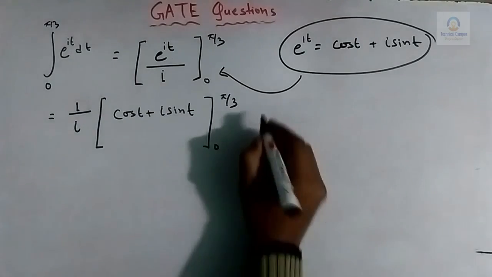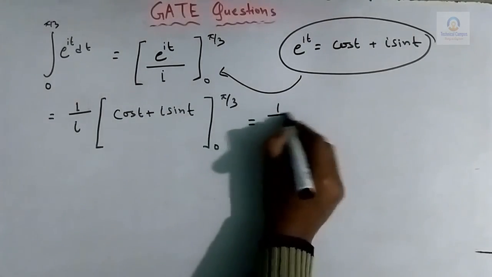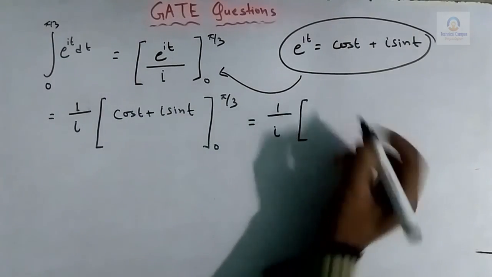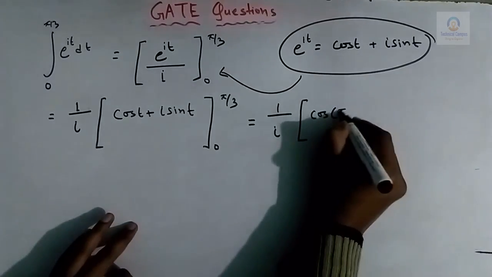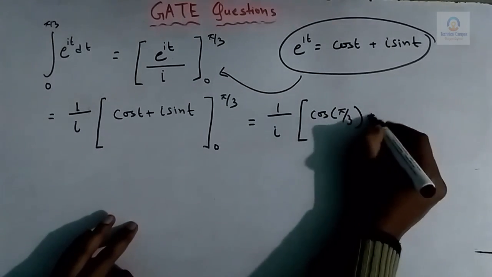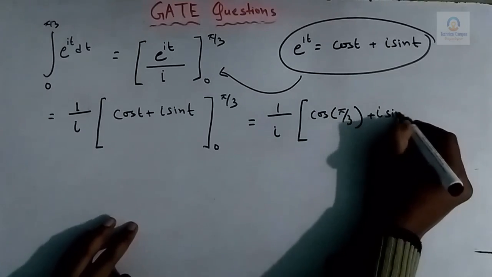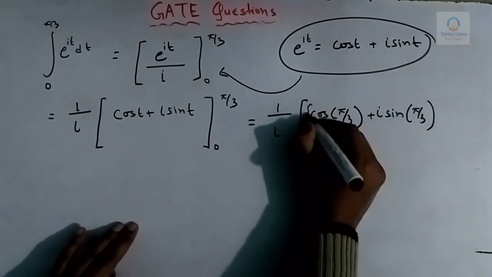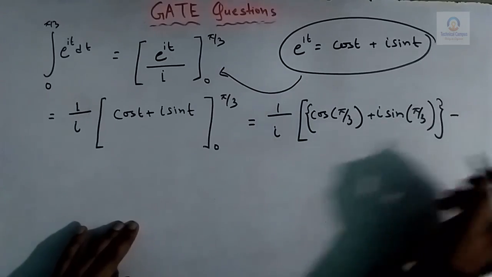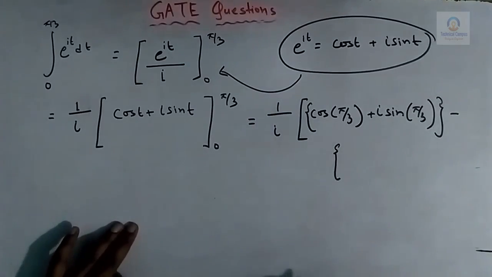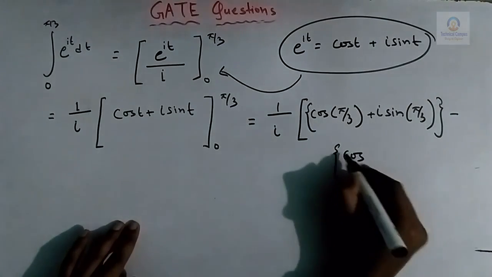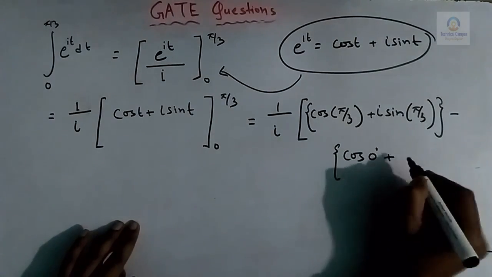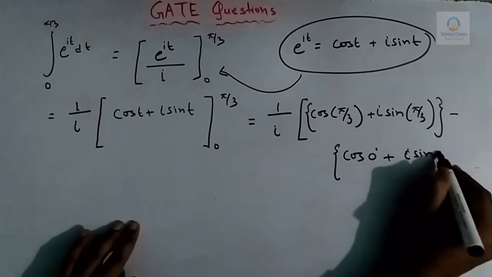Now if we apply the value of upper and lower limit, it will be cos pi by 3 plus i sin pi by 3. This is the value of the upper limit, and we have to subtract from it the value of the lower limit, that is cos 0 degree plus i sin 0 degree.